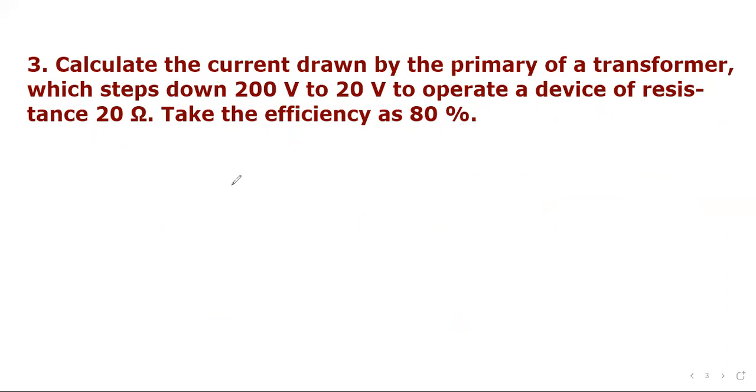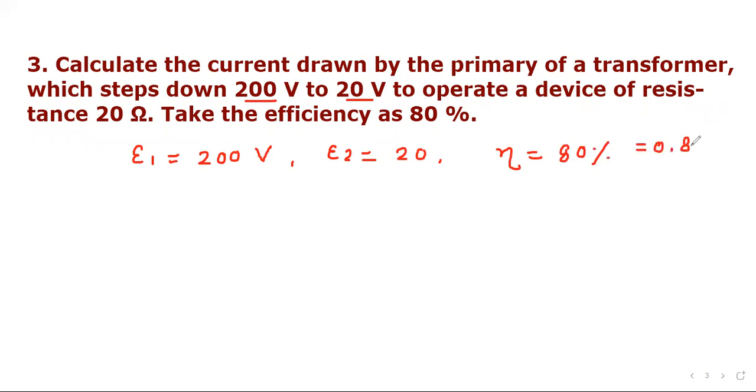So here we are given E1 as 200 volt, stepped down to 20 volt, which means E1 equals 200 and E2 equals 20. Eta is given as 80%, that is 0.8.